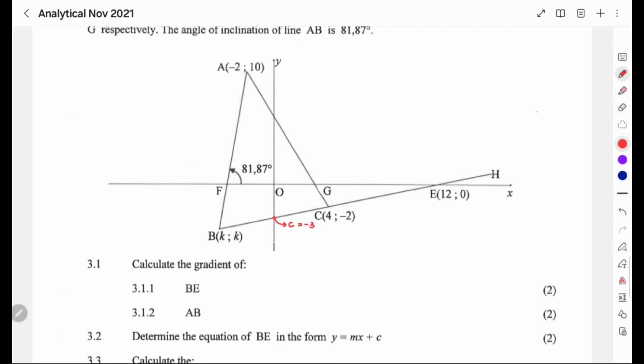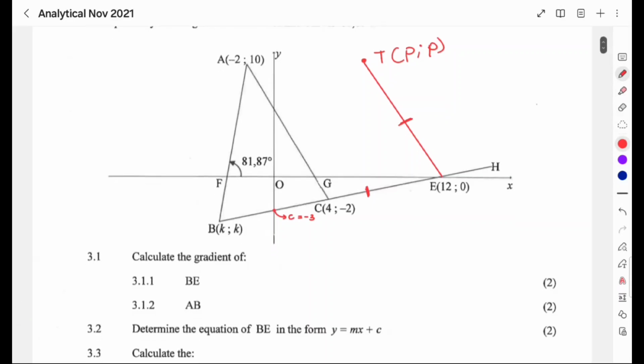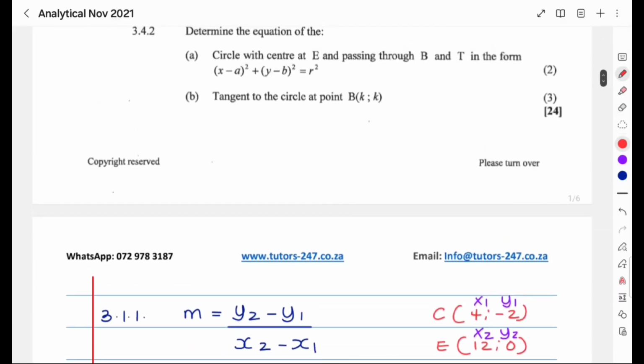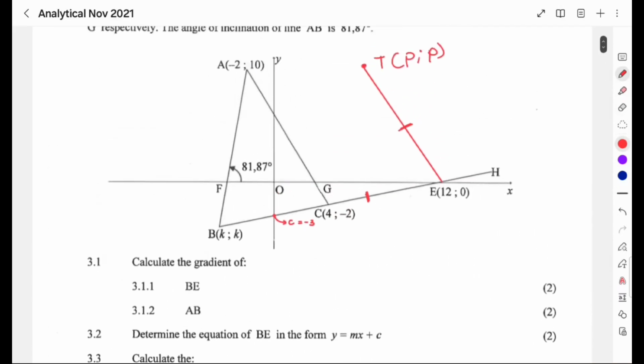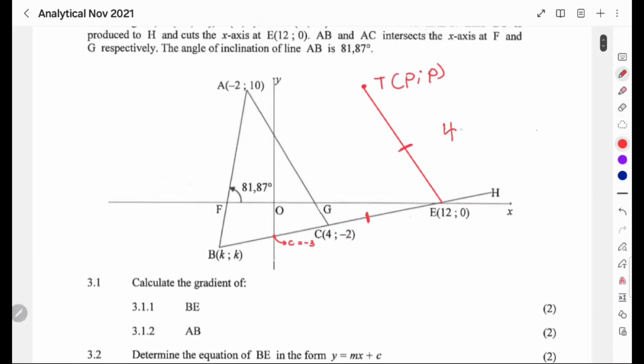So if we were to draw a random line and call this T, which has coordinates P and P, take note that ET is equal to BE. So the length of BE is equal to the length of ET, and they stated that length was 4 root 17 units.